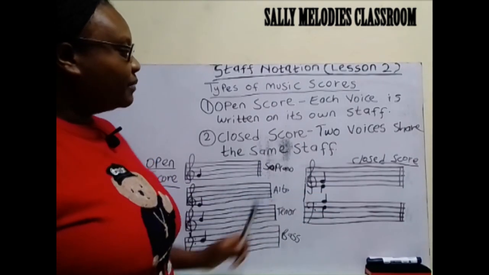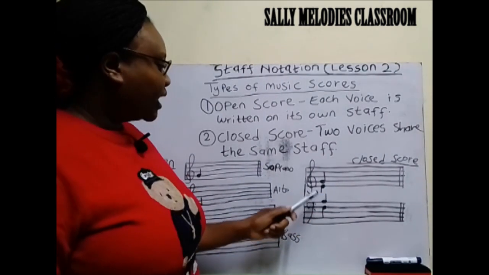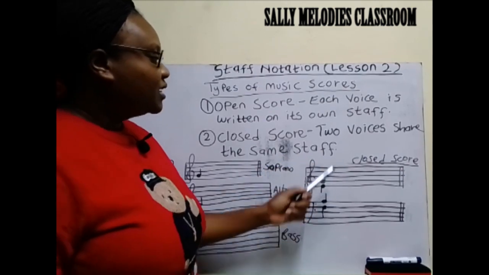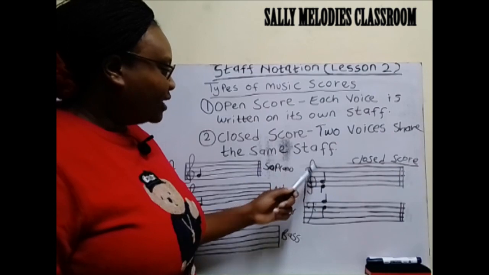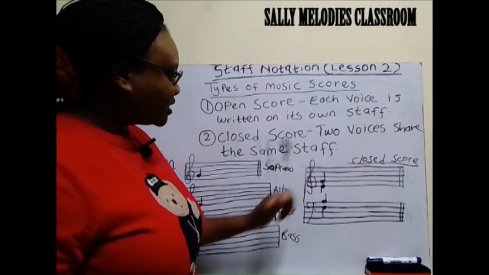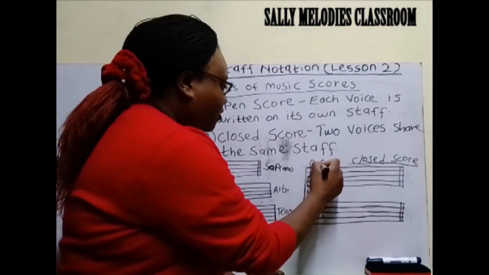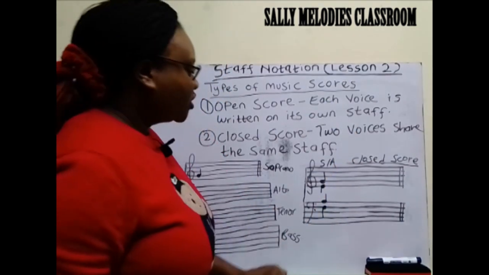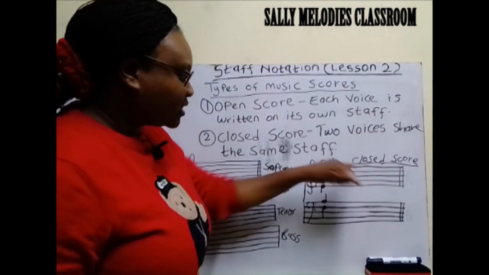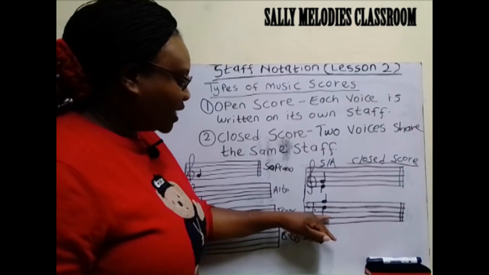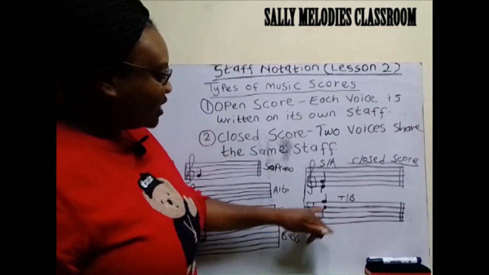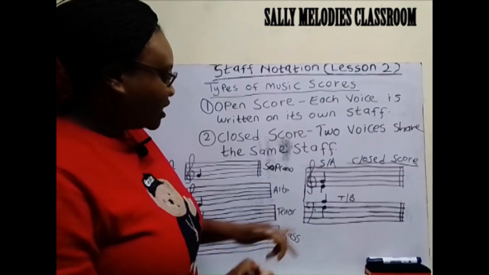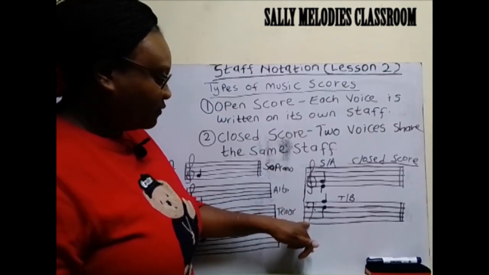And then we come and look at a closed score. A closed score, we said, two voices are sharing one staff. Here, we are assuming that on this first staff, we have sopranos and altos sharing the first staff. And then down here, we have tenors and basses sharing this staff, and they are using this clef.